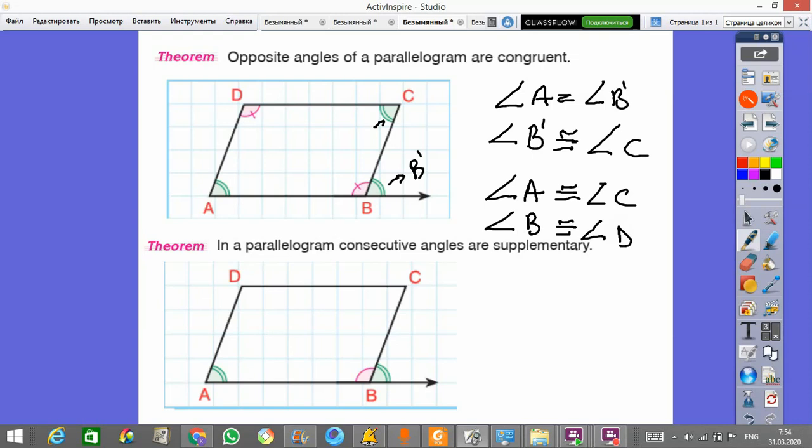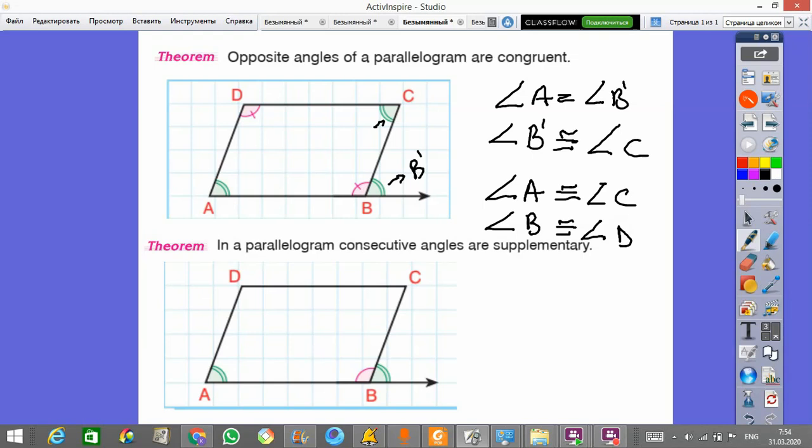Next theorem: in a parallelogram, consecutive angles are supplementary. Do you remember supplementary angles? If the sum of two angles is equal to 180 degrees, it's called supplementary angles, right?